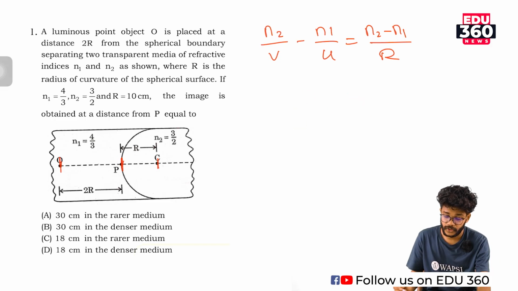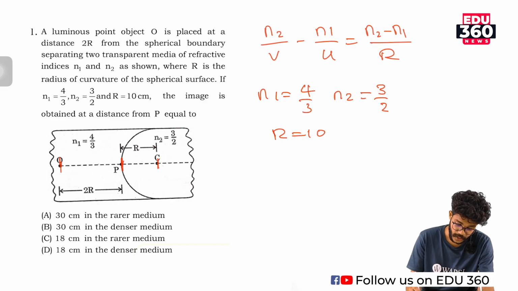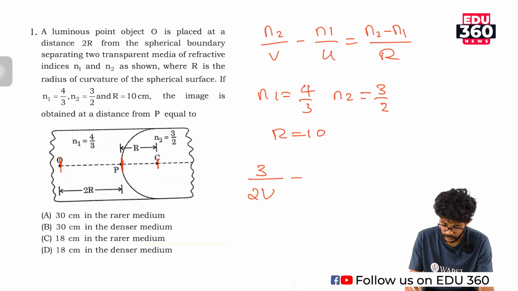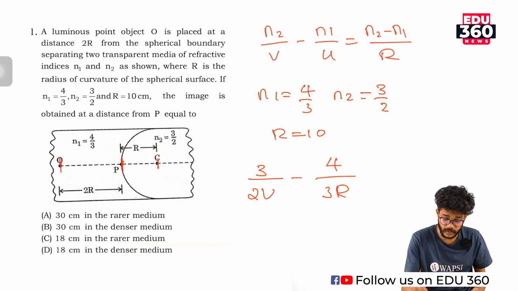Yes. So n1 is 4 by 3 and n2 is 3 by 2 and r is 10. So 3 by 2v minus 4 by 3r. Actually, sorry, u is not r, it is 2r. So 3 by 2v minus 4 by 3 into 2r.